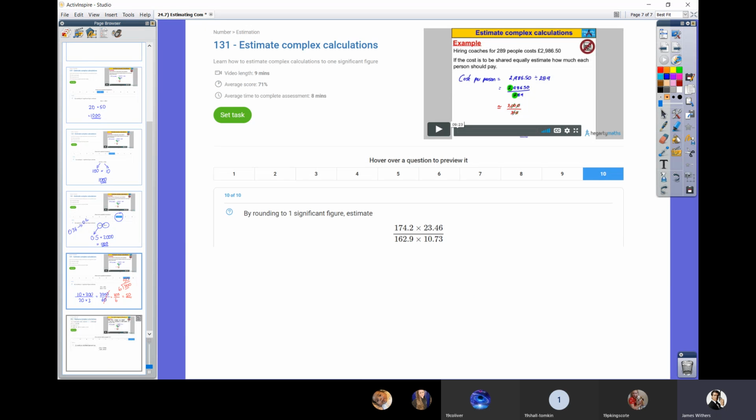Same approach. 174 becomes 200. 23.46 is 20. 162.9 is 200. And 10.73 is 10. Now, it may be that you spot you can cancel these 200s. And then it's just 20 divided by 10, which is 2.